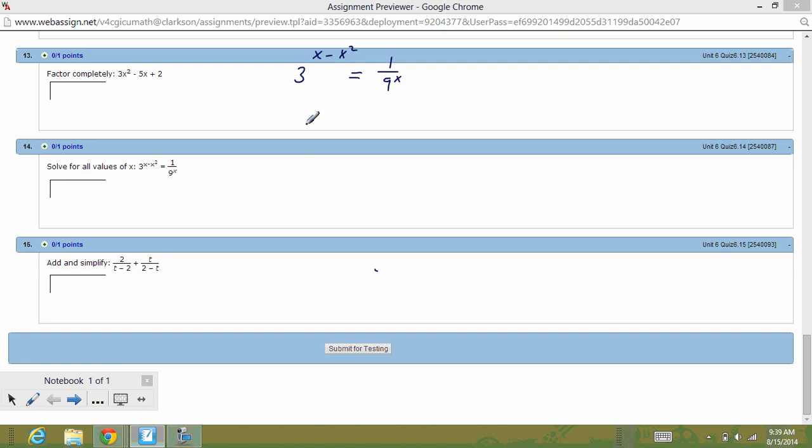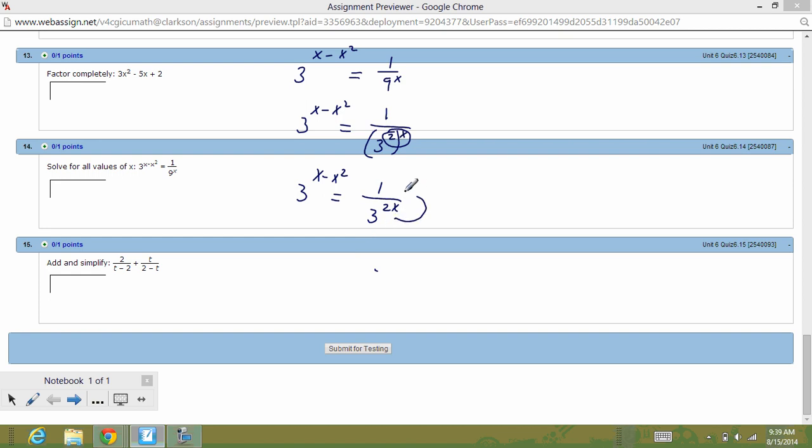So again, exponential equation. I'm going to rewrite the 9 to make it a common base with the 3. And so this is going to be written as 3 squared to the x power, which we can then express as 1 over 3 to the 2x power, because when you raise a power to a power, you're multiplying the powers.